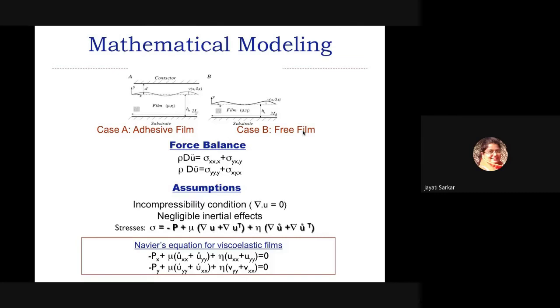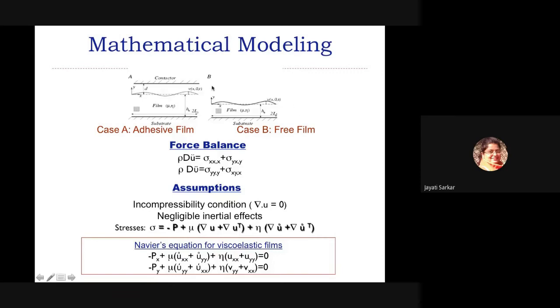The main question that came after solving all this was: can we develop a mathematical model that can unify the observations that we are seeing in both these types of films? Basically, can we cast a mathematical model for a film which is viscoelastic, which shows both viscous and elastic behavior? For that, we will try to develop a model for a common unified film, one that is in adhesive contact.